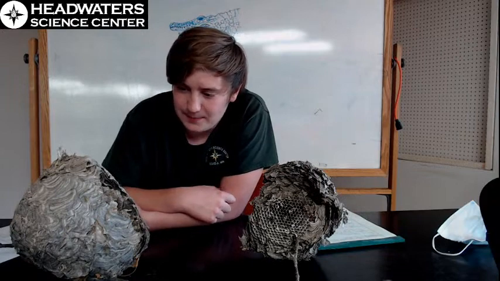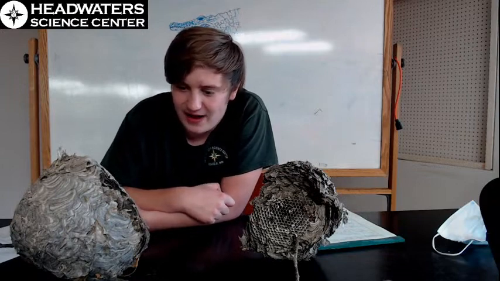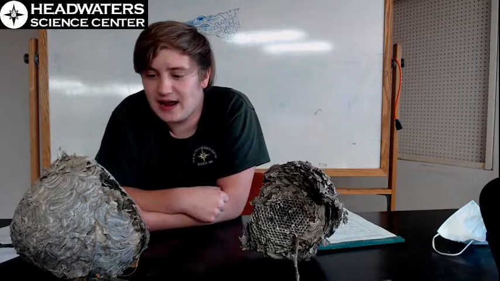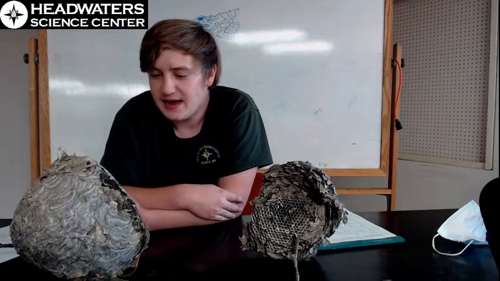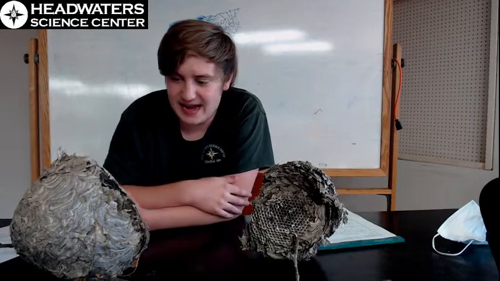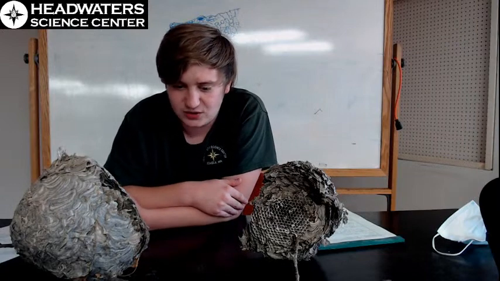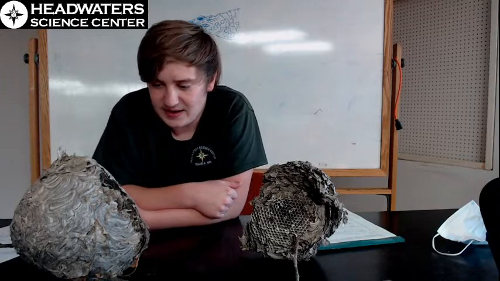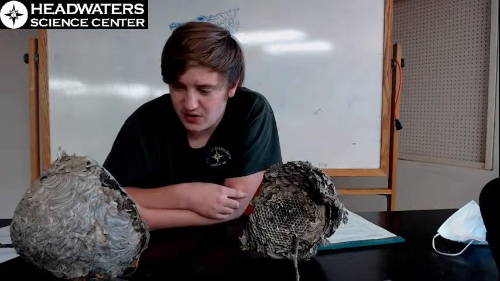What that means is that only one member or just a few members of that hive are reproducing and passing down their genes. The way that they maintain that is through a process that some call eusociality. I'll explain more what that means as we go here.